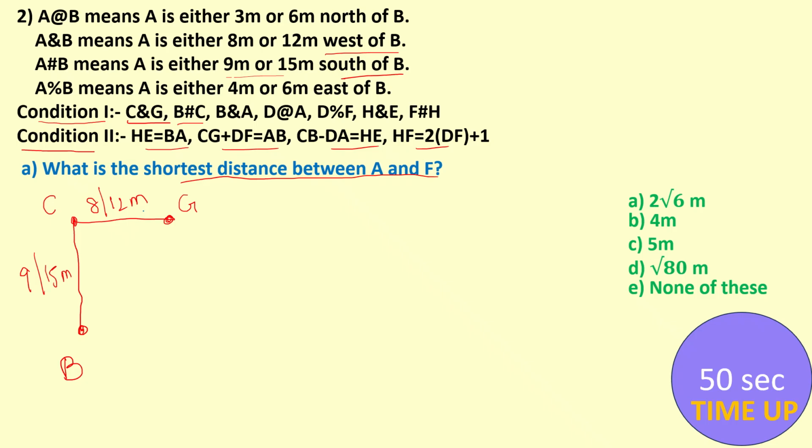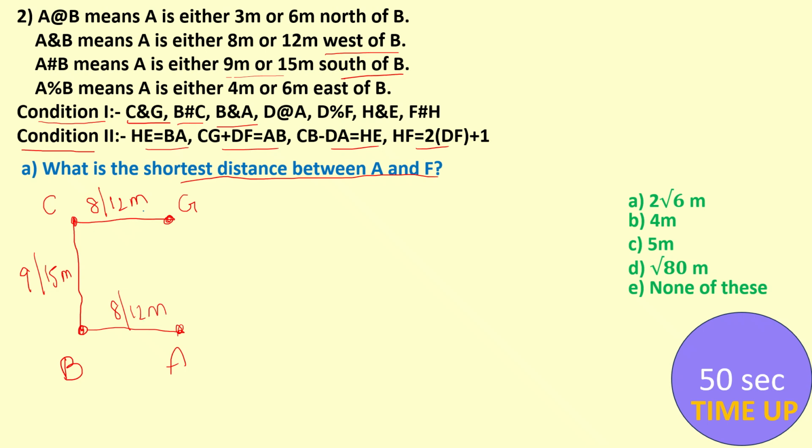Next, B and A means what? B is to the west of A by 8 or 12 meter. Correct? So that also we don't know. So A I draw here, and it is 8 or 12 meter.